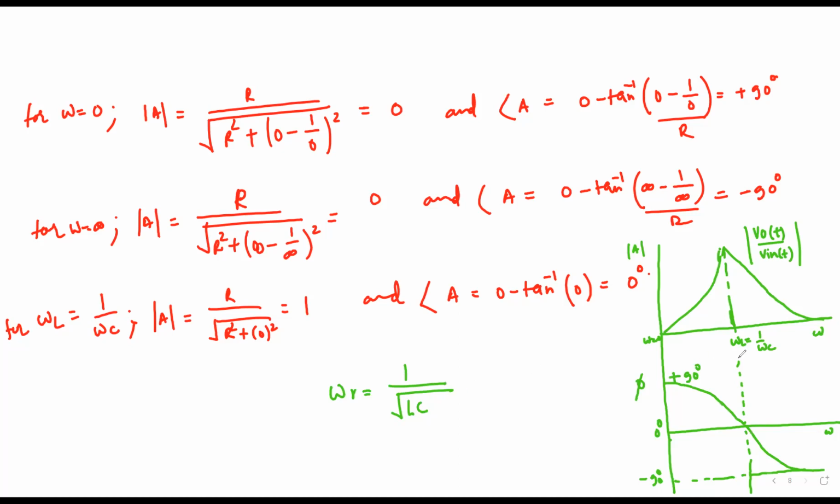At the resonant frequency, the inductive impedance and the capacitive impedance match each other, and it is given by this expression. The angle at this frequency, phi, is 0 degree. So at resonance, the phase is 0 as pointed here.